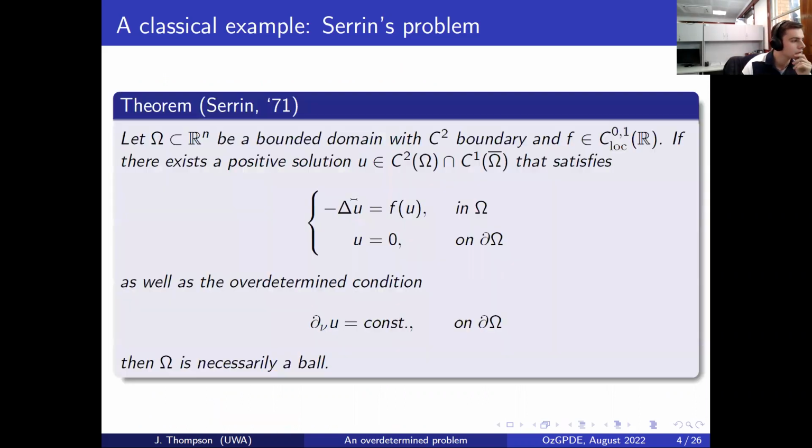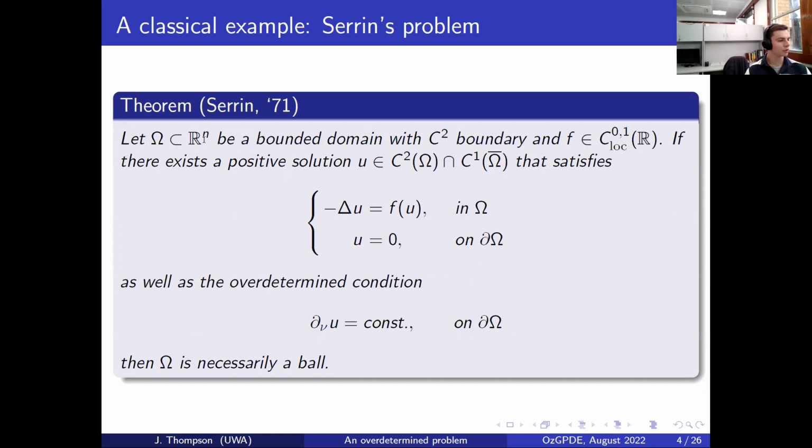Okay. So actually, Serrin proved a much more general result. He actually proved the following theorem. First of all, there was nothing special about R2. So we take omega to be in Rn, a bounded domain with C2 boundary, and F is locally Lipschitz.